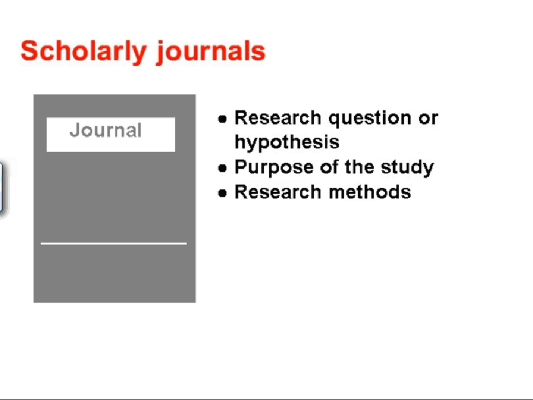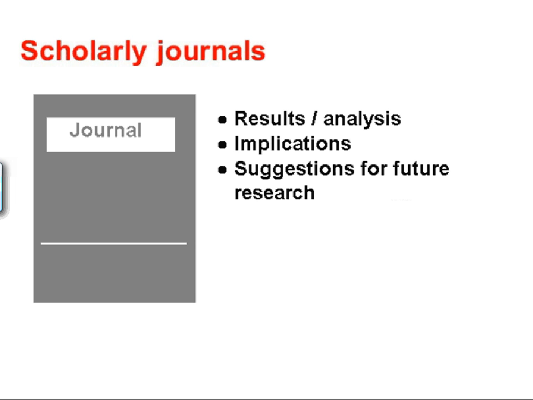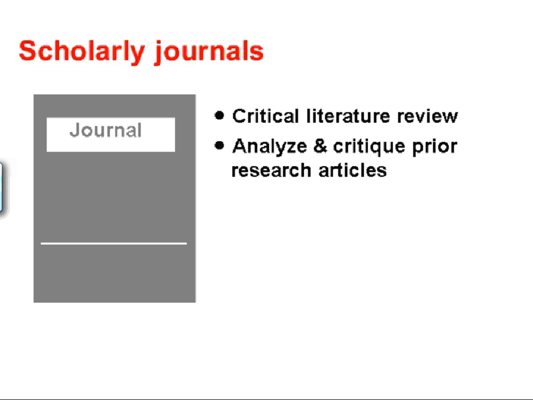The articles will usually have a research question or hypothesis, the purpose of the study, the research methods used, the results and analysis of research, the implications of the findings, and suggestions for future research. The author will include a critical literature review, which is an analysis and critique of prior research articles.